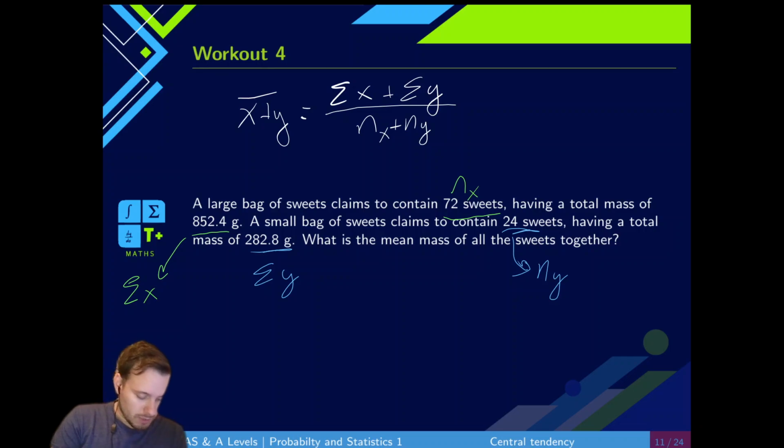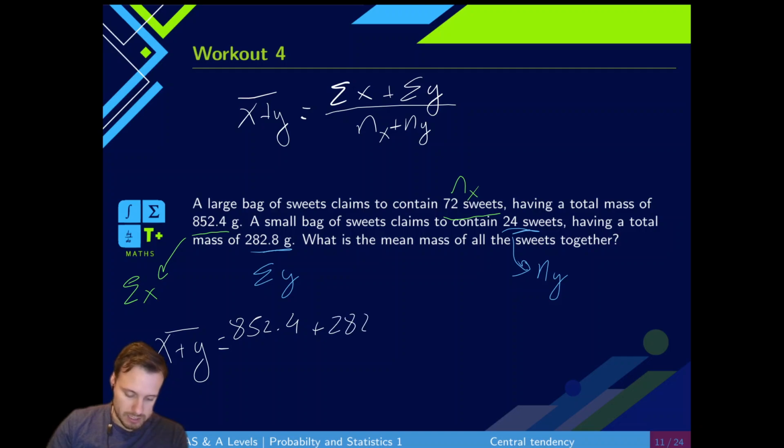So how does this work? Well, it's quite straightforward. It's x plus y. We have the sum of x, which is 854.4. We are going to add the sum of y, that is 282.8.